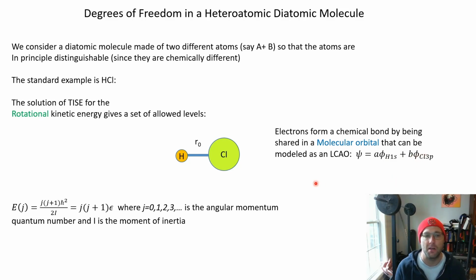You may have seen some of that in your modern physics class. And so this is the form of the rotational levels, where J is the rotational quantum number, and it can be any integer from 0 up to infinity. I is the moment of inertia, and we're going to just substitute h squared over 2I as little epsilon in this expression.